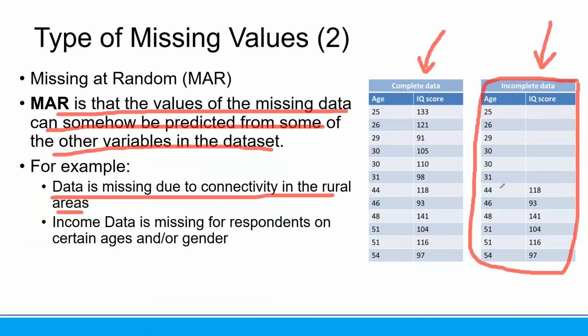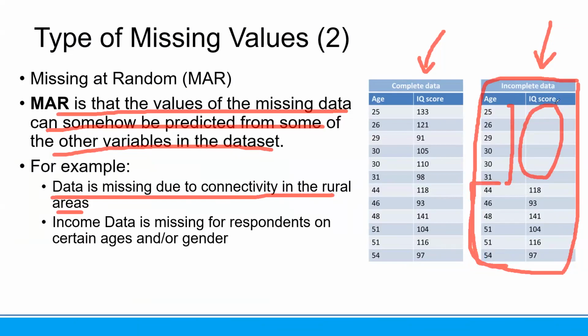Just at a glance, we can see that for the older, the data is available. But for the youngers, when the age is less than 40, the data is missing. Okay, then there is a kind of pattern.